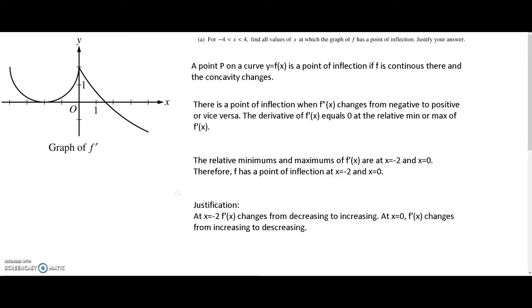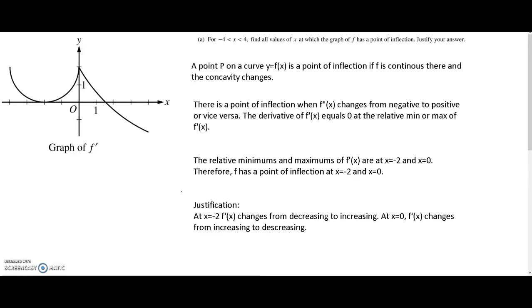A point P on the curve y equals f of x is a point of inflection if f is continuous there and the concavity changes. There is a point of inflection when f double prime of x changes from negative to positive or vice versa. The derivative of f prime of x equals 0 at the relative min or max of f prime of x.